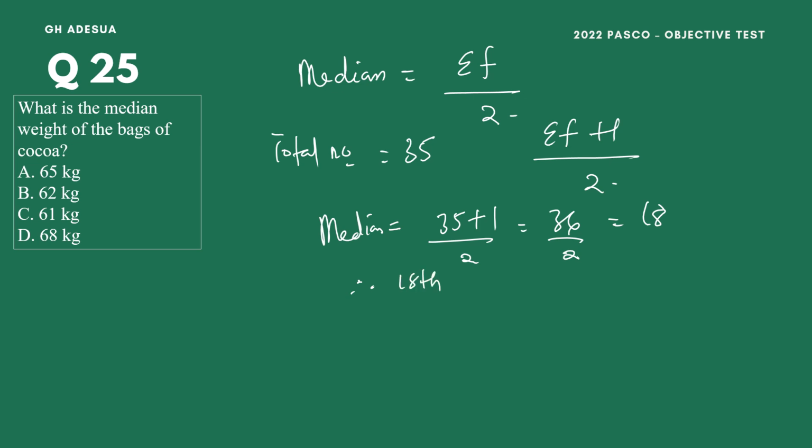The 18th. From the table, you'd realize that the sixth stem had the largest number of leaves displayed. So that is for the sixth stem.